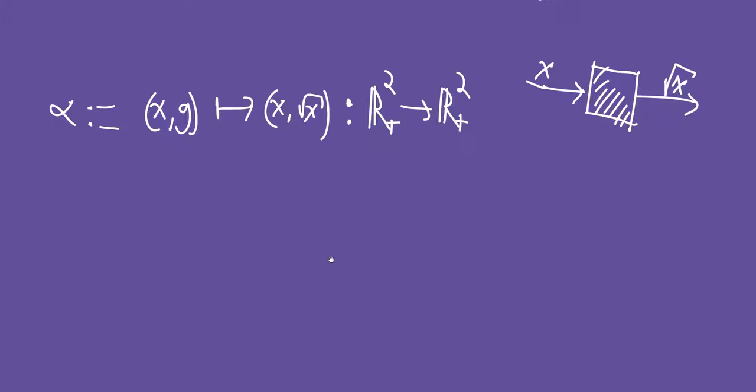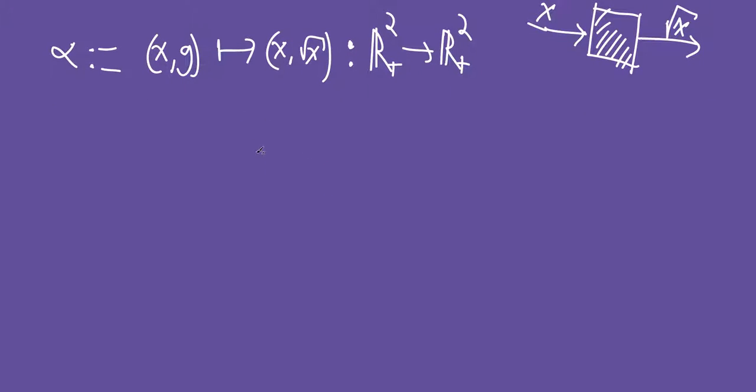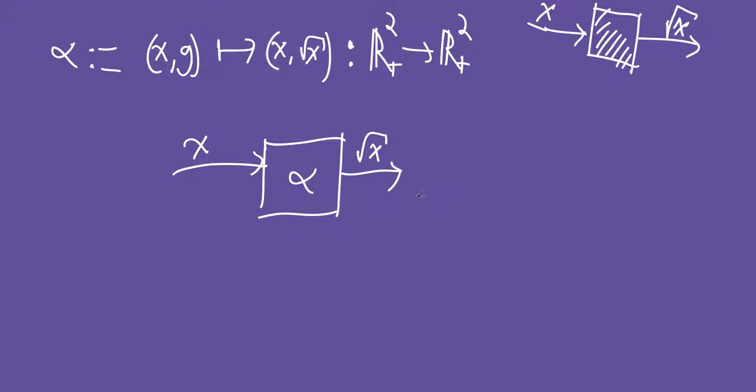From there, you actually have to do the work. And what's going to happen here is if we have this machine called alpha, and you put x in it, you get the square root of x, which is approximately this g thing, or we could call it alpha of x.